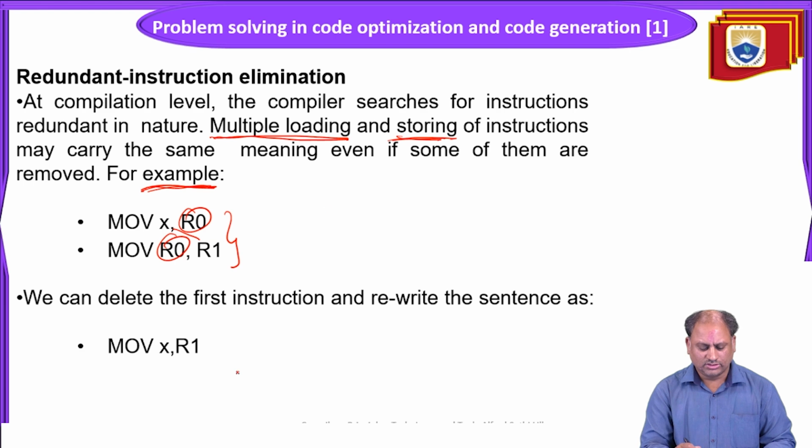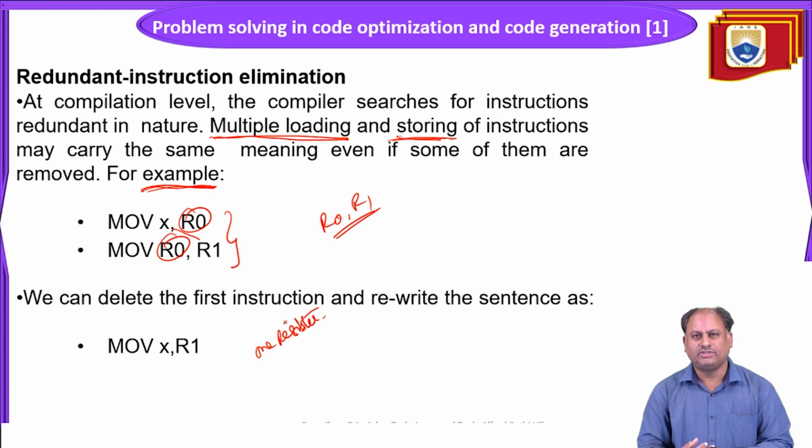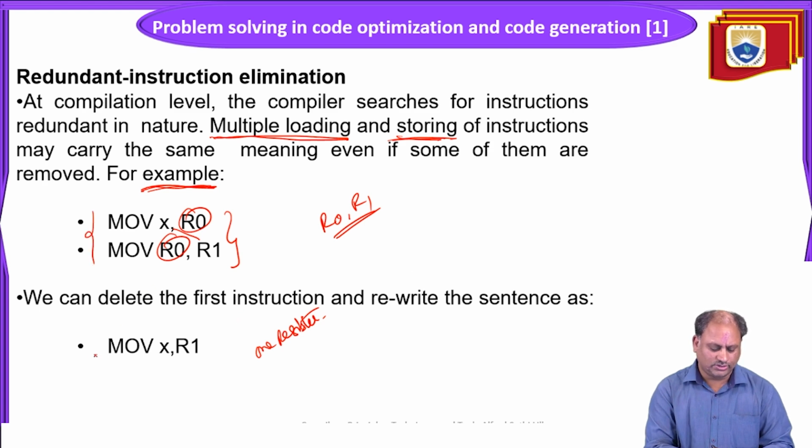Here we are using two registers, r0 and r1, but instead of that we can use only one register. Storing the instruction several times takes a lot of resources. So the compiler searches for instructions carrying the same meaning and eliminates them. These two instructions are replaced by a single instruction performing the same task.